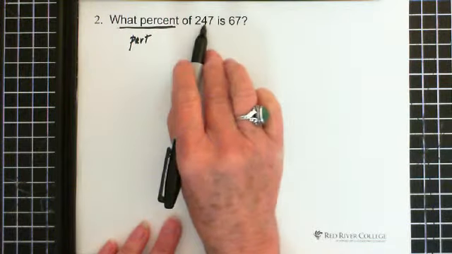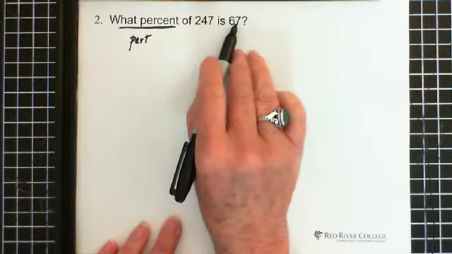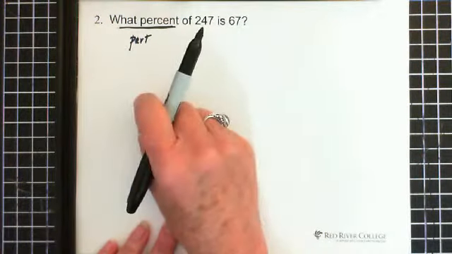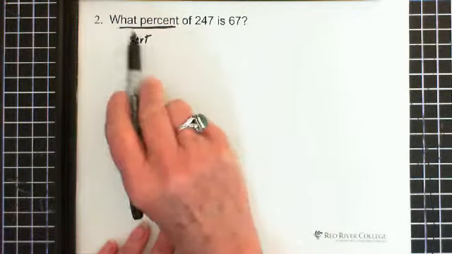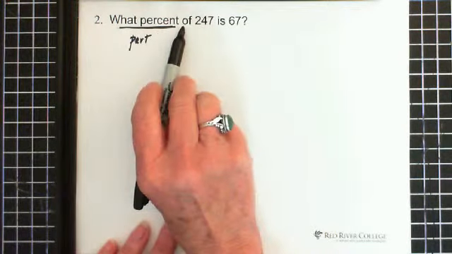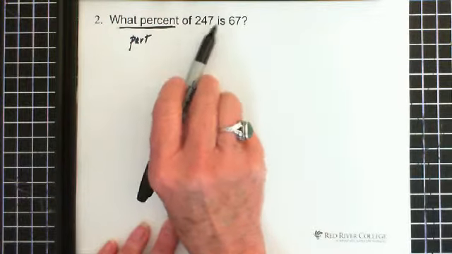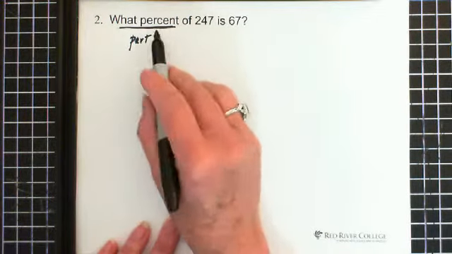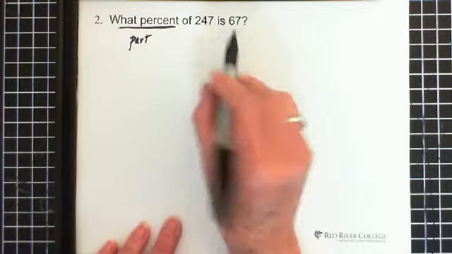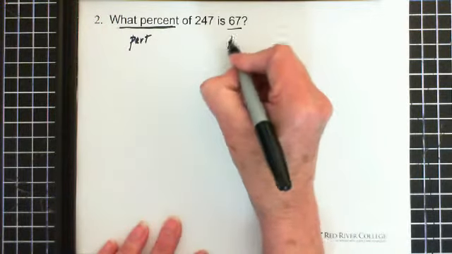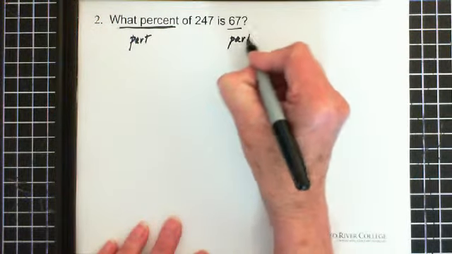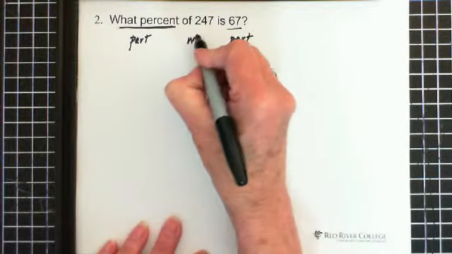What percent of 247 is 67? Which one here is the part and which is the whole? What percent of something is 67? The what percent is connected to the 67. So this piece is the part. And this is the whole.